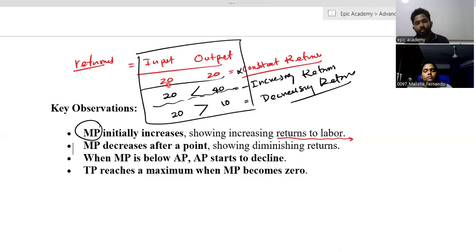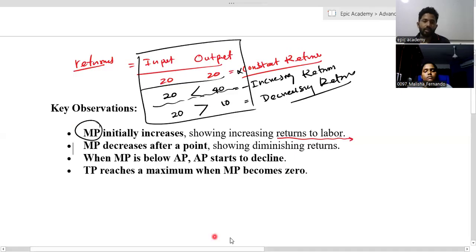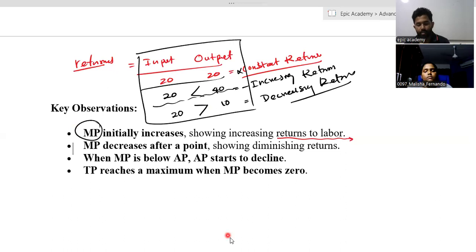So in here, you have to identify the favorable situation for the producer is increasing returns. Okay. Always they are expecting something like that situation in the production process.